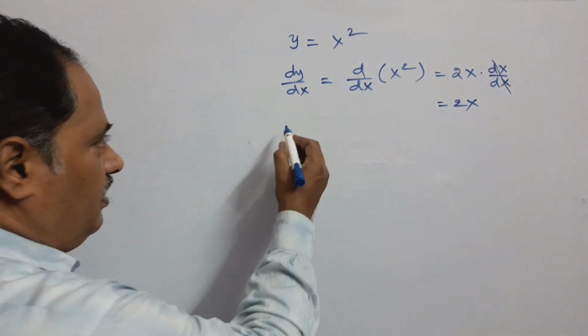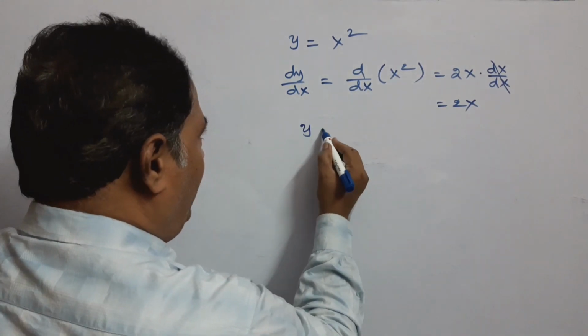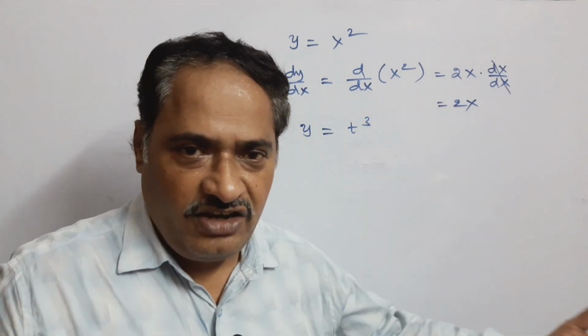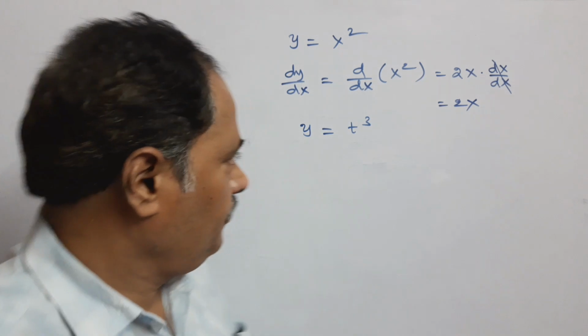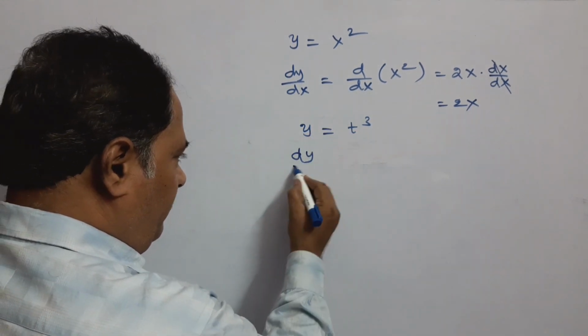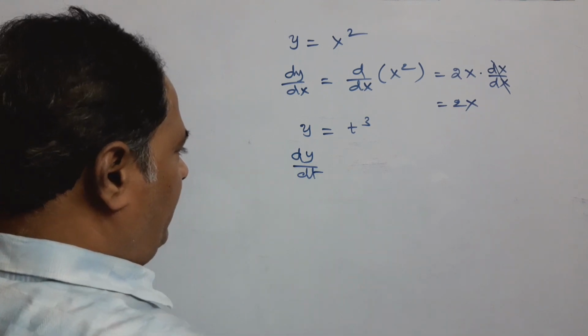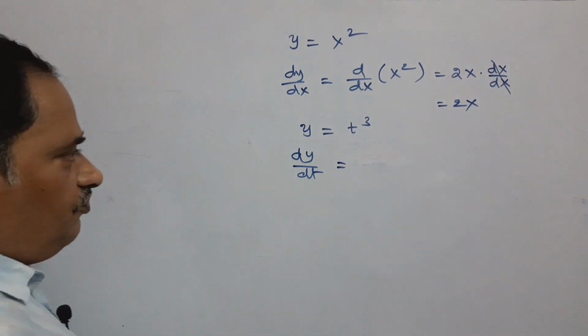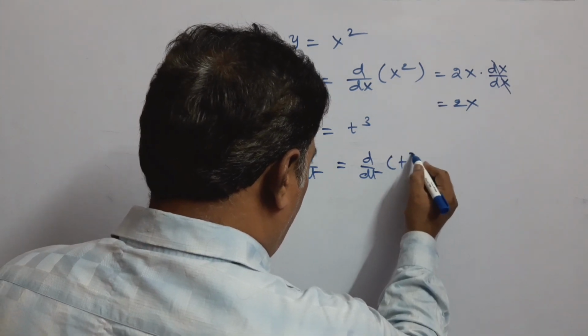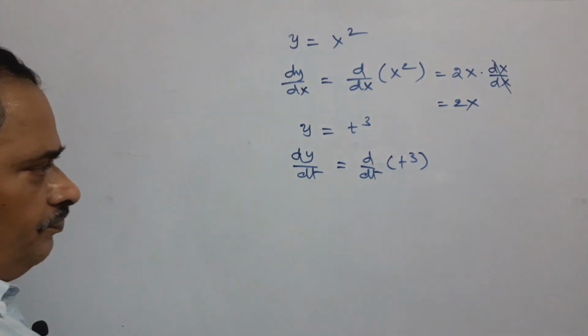For example, if I want to say y equals t cube, now y depends upon the value of t. Then I differentiate y with respect to time, dy by dt, which is d by dt of t cube.